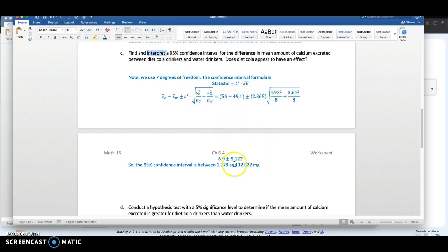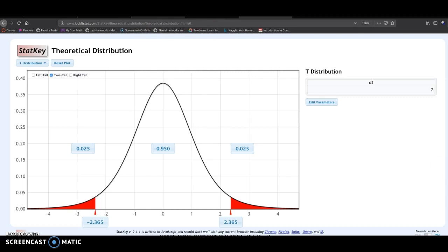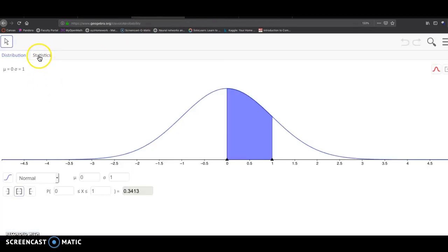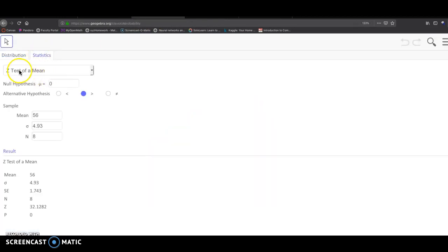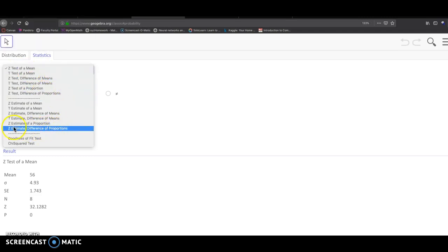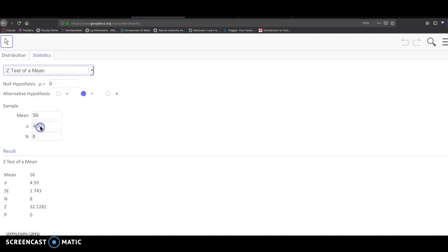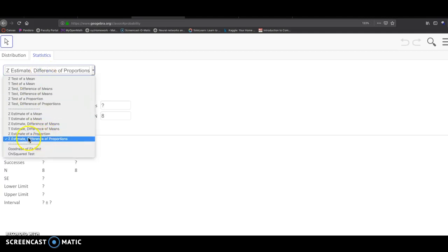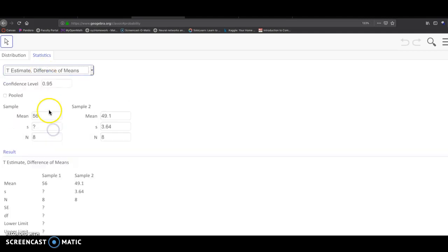Before, I want to say we don't actually have to use this formula, as long as you're okay with using GeoGebra. GeoGebra screen here. I'm going to click on statistics. I'm looking at a z estimate for confidence interval, difference of proportions. Or sorry, no. Difference, t estimate, difference of means. 95% confidence. In this class, we're never going to click on pooled, so make sure that's unclicked. And now I need to enter the mean, 56. Already had that.